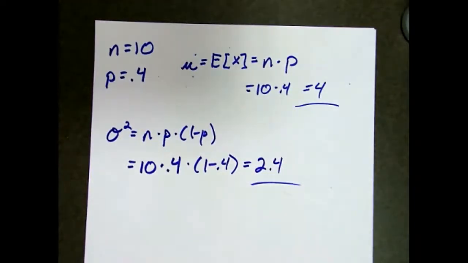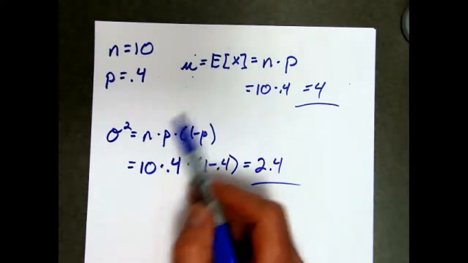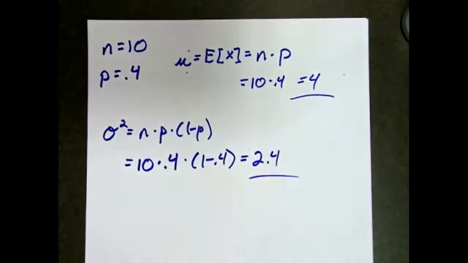Sometimes I'll combine problems like this, where I ask you for the mean and the variance of a binomial distribution all in the same problem. But once we've identified this is a setup for a binomial distribution, we can always just use those equations from the formula sheet for the mean and the variance. Okay.